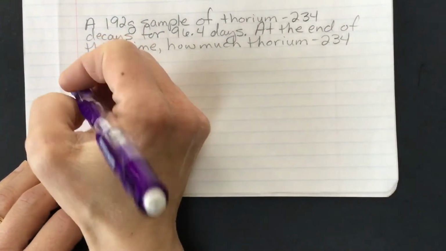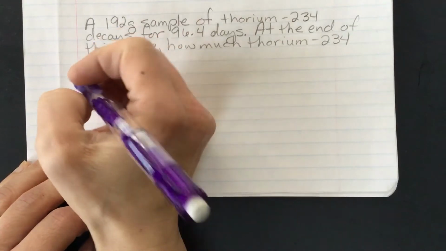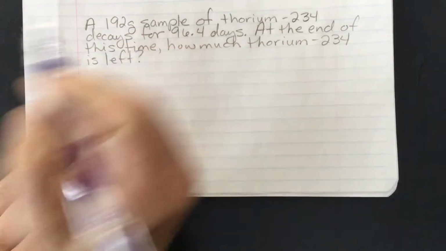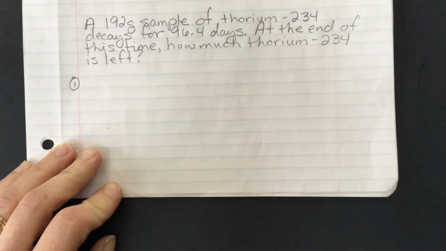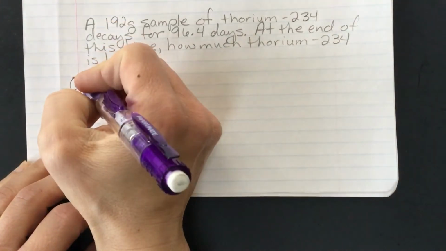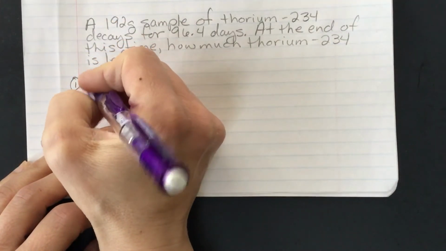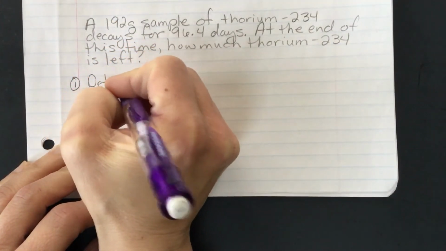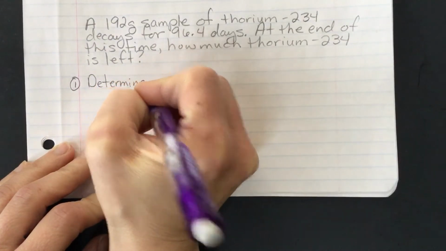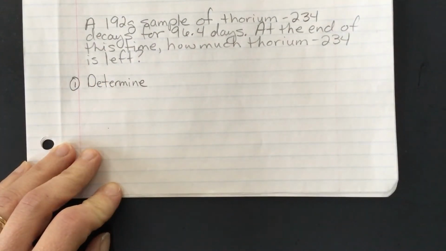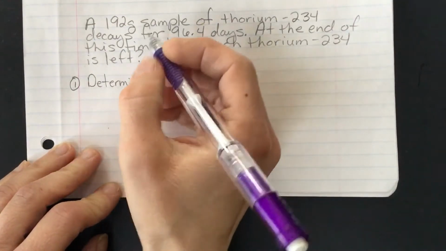All right. Well, I'm going to show you the steps in solving a problem like this. Step number 1 is we have to determine the number of half-lives. I would normally say go to your reference tables and look it up, but this one is not on your reference tables.